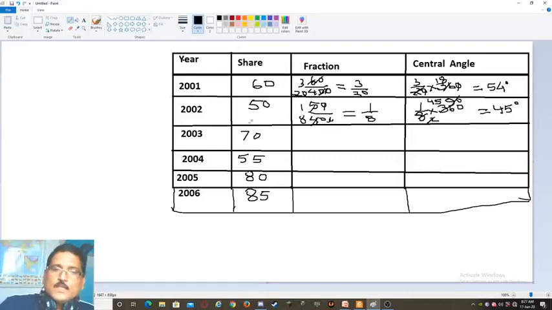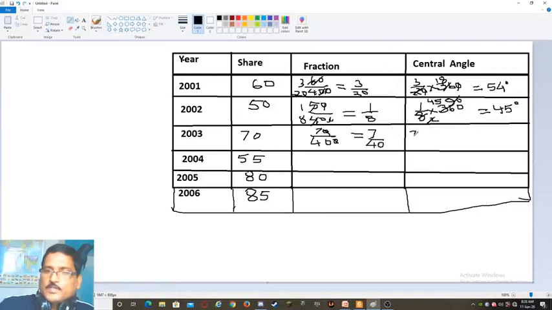Clear? Now here 70 by 400, so only one zero cut, it is coming 7 by 40.